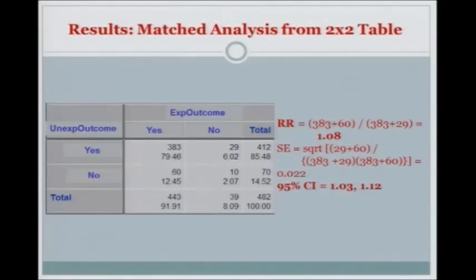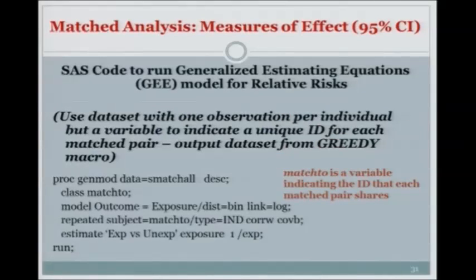All right, so there's some handy code to rearrange your data. Here's a 2x2 table that I got SAS to spit out, and then I just did the calculations by hand. We'll go through more examples. You could also, like I said, use GEE. All GEE is, is that you're running a PROC GENMOD, a log binomial model from yesterday. And then you add this repeated statement here, and this variable, the match2 variable, is your matching. You have to have a matched pair ID, and most of the matching algorithms will create that for you.